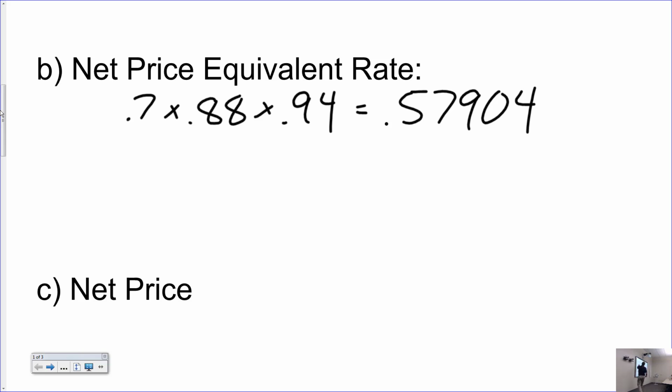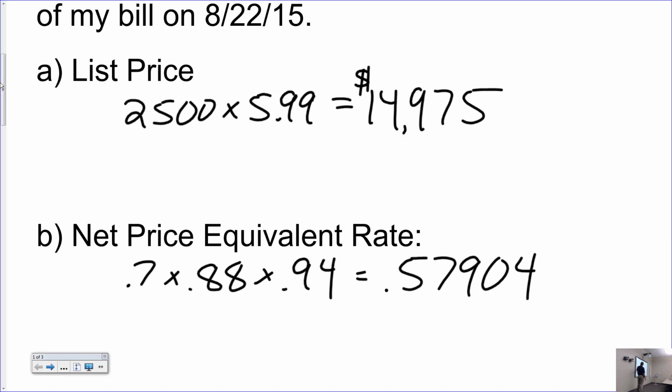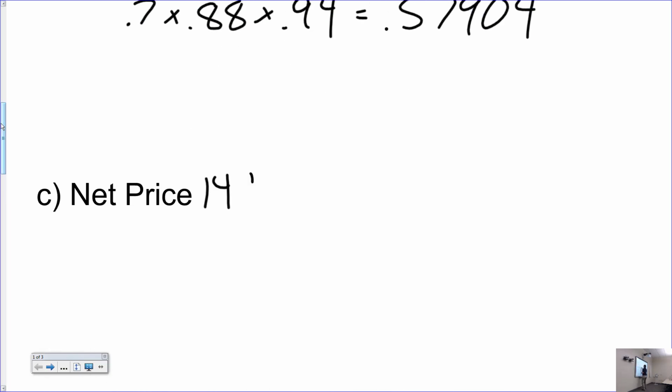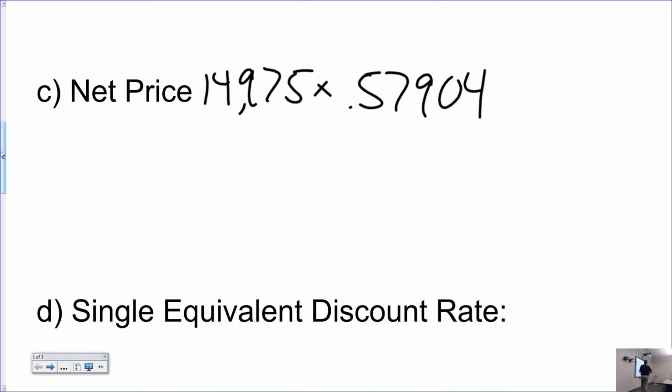Now, how do we use this to get the net price? Multiplying by the list price. Yeah. List price times net price equivalent rate gives you the net price. That's why they call it the net price equivalent rate, right? So, 14,975 times the 0.57904. And now is when you round to the nearest penny because it's money, right?